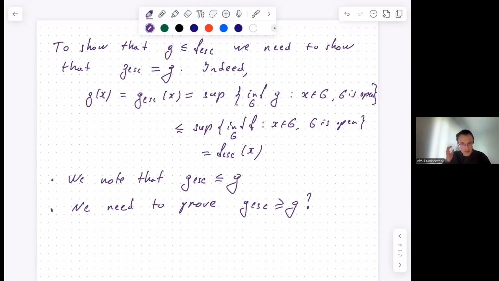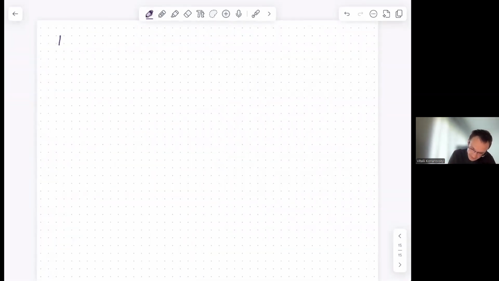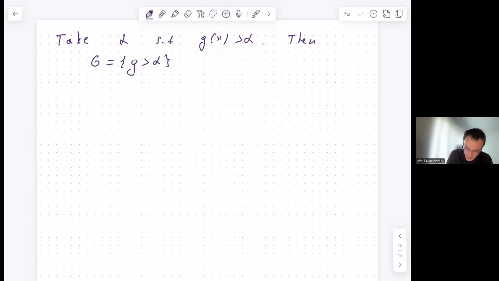And to show the inequality in this direction, let's use the following trick. Let's take an arbitrary alpha such that g of x is larger than alpha. And consider the set G that is equal to {g larger than alpha}. You remember that the function g is lower semi-continuous, and this set that we consider here is a complement to the level set.